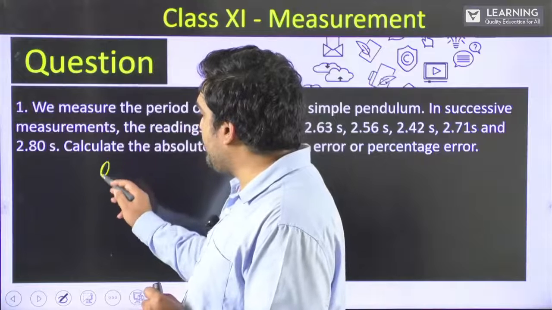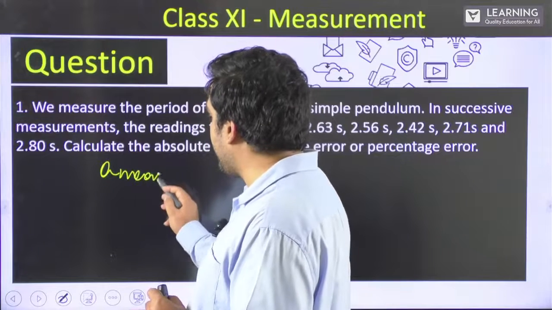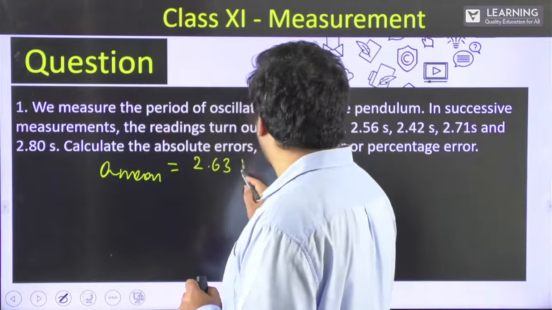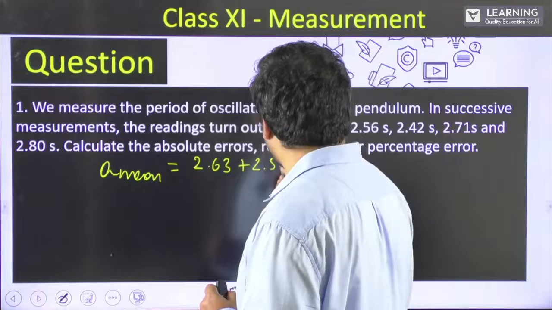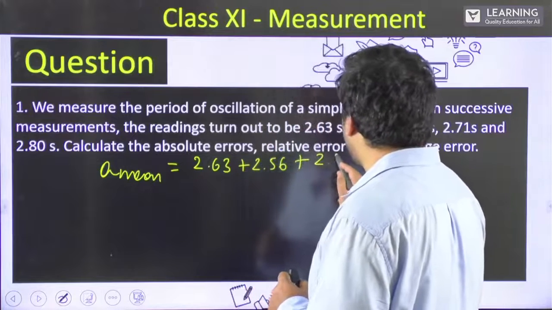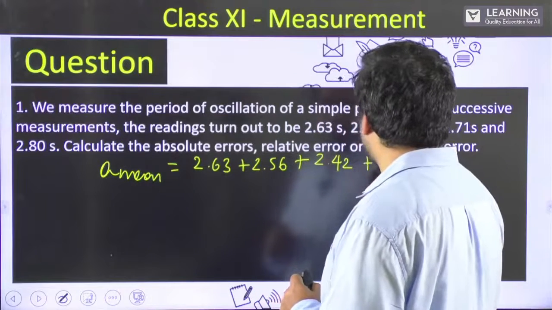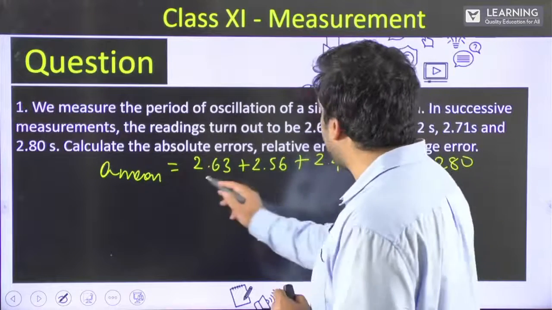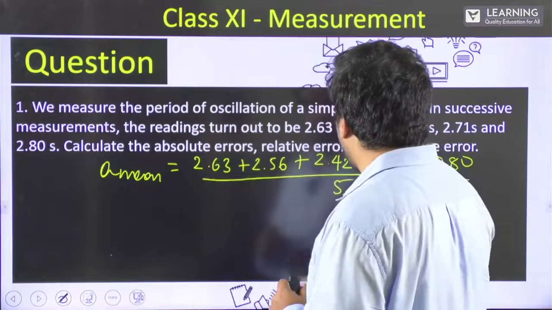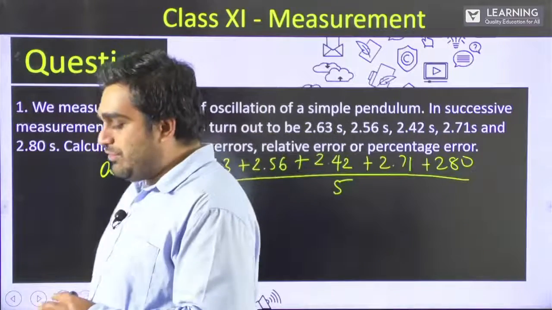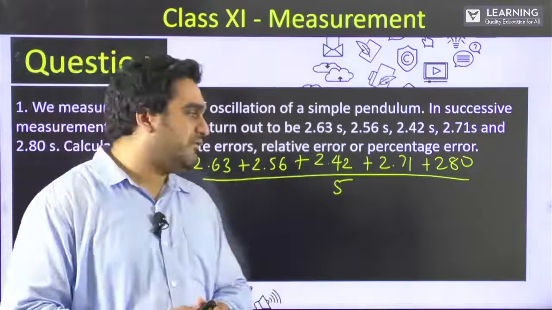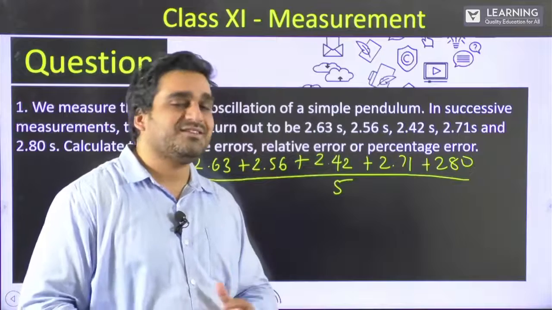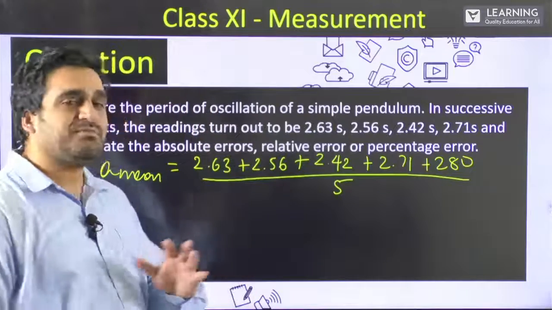So now let us determine the true value of this given time. True value, which is a mean, is equal to 2.63 plus 2.56 plus 2.42 plus 2.71 plus 2.80, whole divided by 5. Since you're all in PU as well as CBSE, you have the liberty to use a calculator, not a scientific calculator, but just a regular calculator with basic operations.